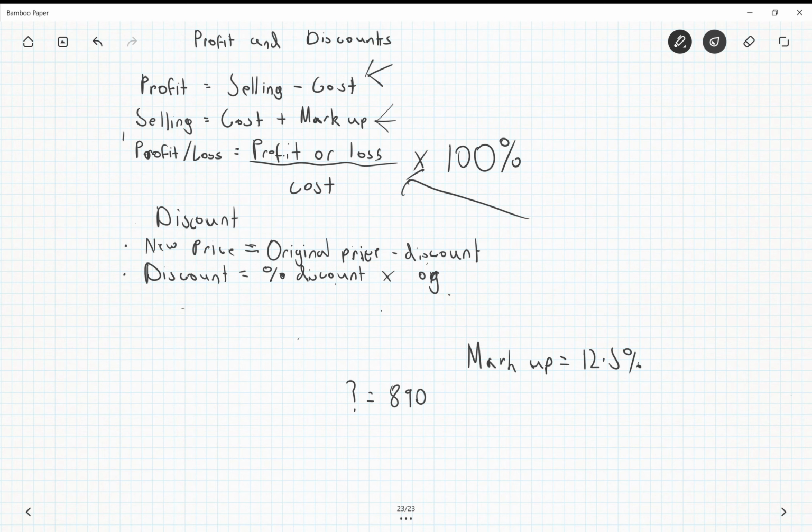Okay, so you add that with 890, and then your result equals 1001.25. That would be your answer. Okay, and you can try this out if you don't think it works, but it does end up to be accurate.